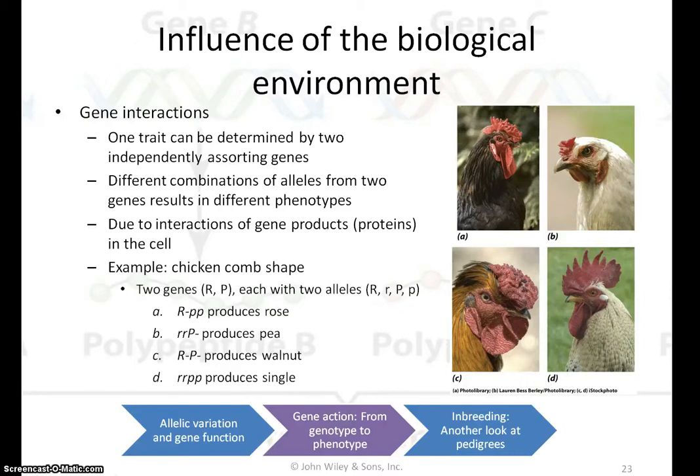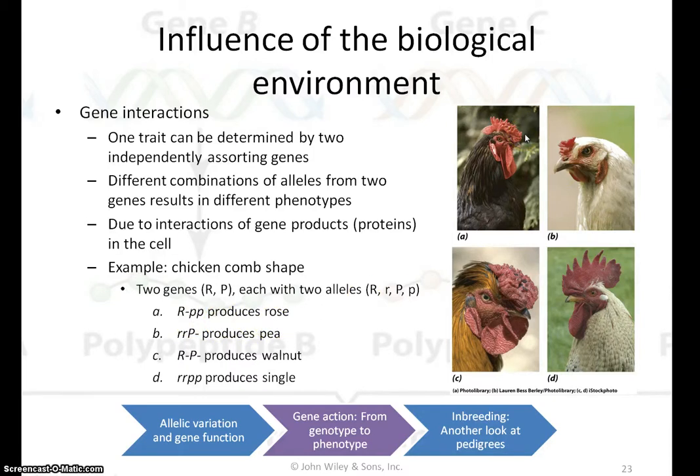So for example, take this chicken comb shape. In these chickens you have two genes, the R gene and the P gene. Each of them has two alleles, a dominant and a recessive allele for the R gene and a dominant and a recessive allele for the P gene. If you have a dominant R, either homozygous or heterozygous, this dash here means it could be the dominant or the recessive allele, and if you're homozygous recessive for the P allele, you get the rose comb shown here.